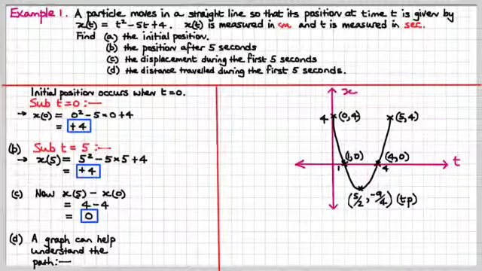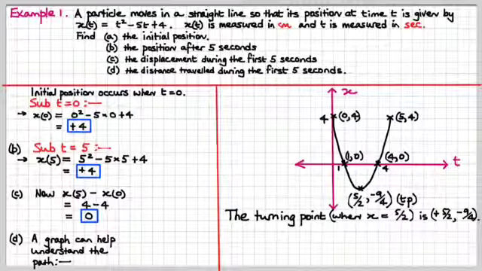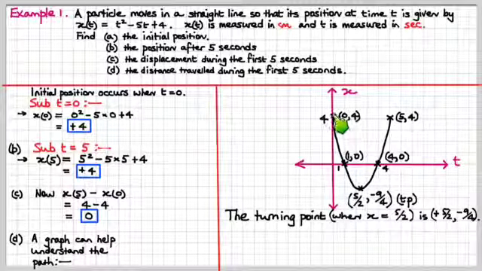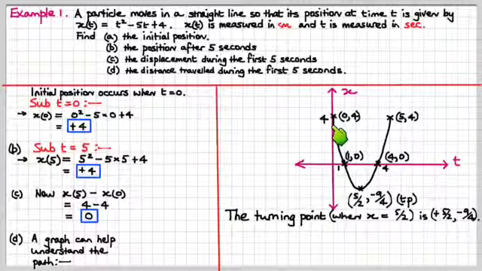Very interesting. Now, you have a look at that and you tell me, did that particle change direction? Well, the turning point is that point which I worked out for you, and you can see that as time progresses, the position is getting less and less.